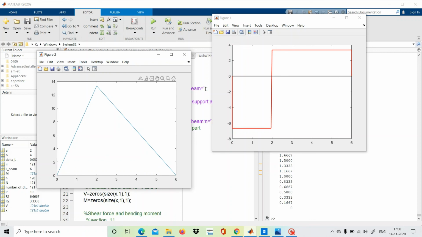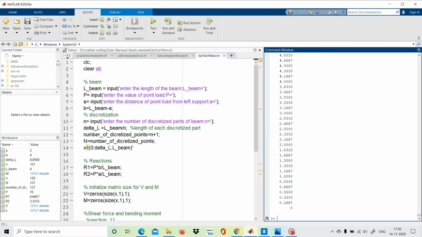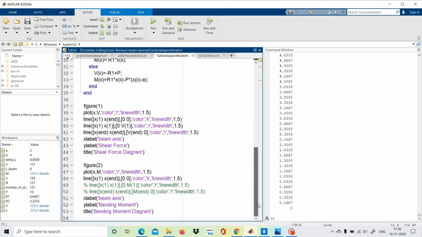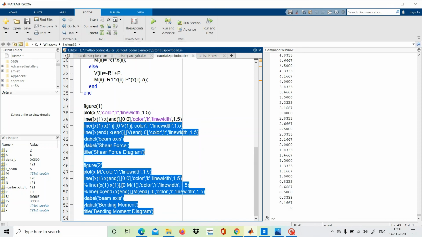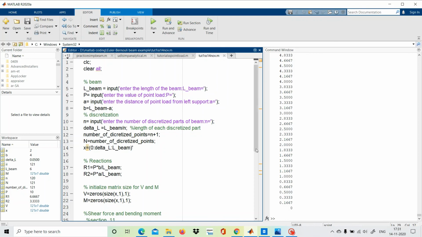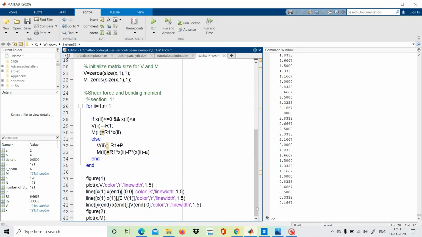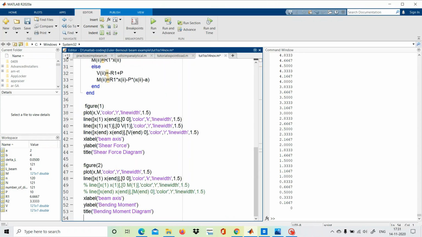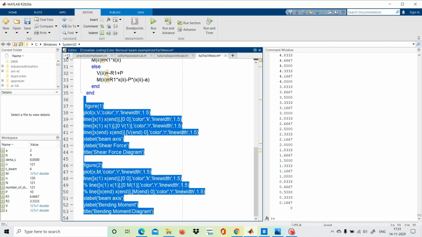Bending moment diagram is the title, and this is the axis of the beam. So let us see.